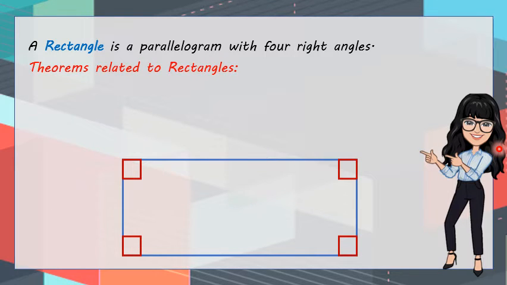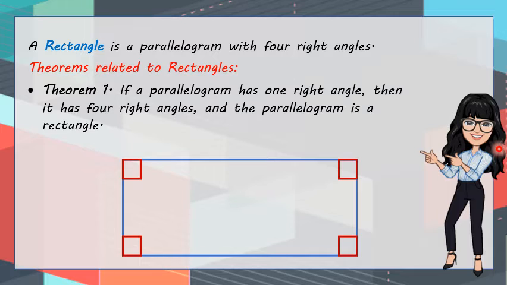Now we have here theorems related to rectangles. We have the first theorem. Theorem 1 for rectangles states that if a parallelogram has one right angle, then it has four right angles and the parallelogram is a rectangle. This is the first theorem on rectangle and we need to prove this one. Actually, this has been proven already.